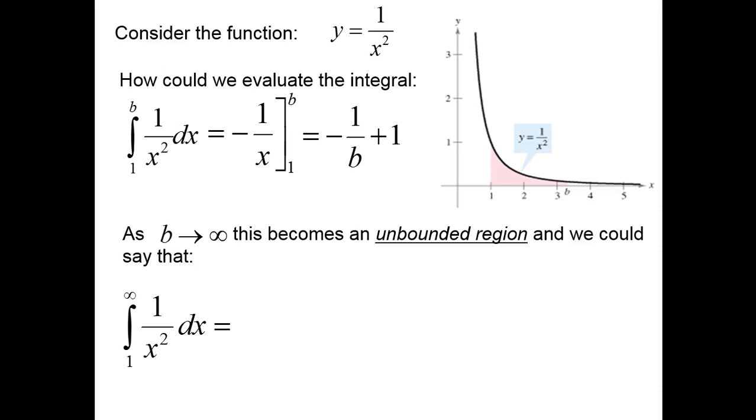Since there's not a number here, we're going from 1 to infinity, we're going to rewrite this as a limit of an integral. So now we're looking at the limit as b goes to infinity of the integral from 1 to b. All I've done is replace this upper limit with b, and I'm taking the limit as b goes to infinity.